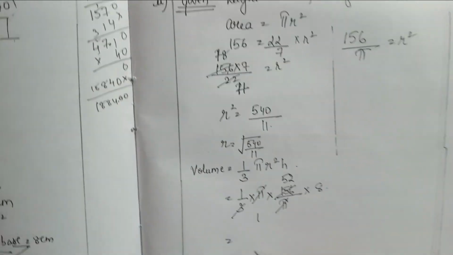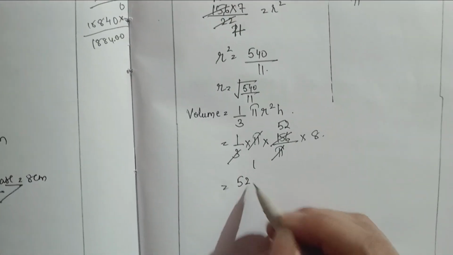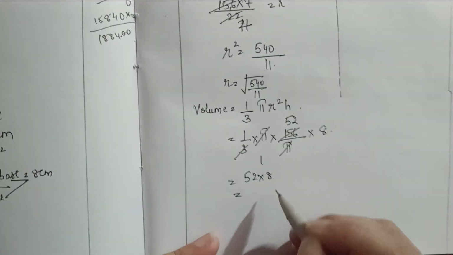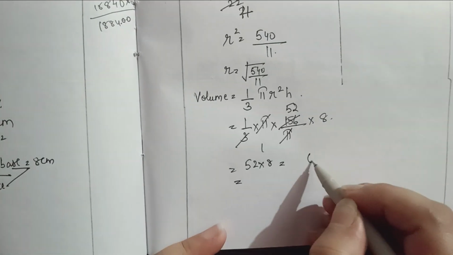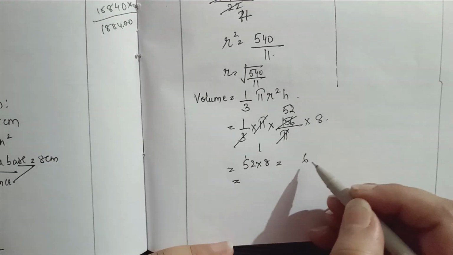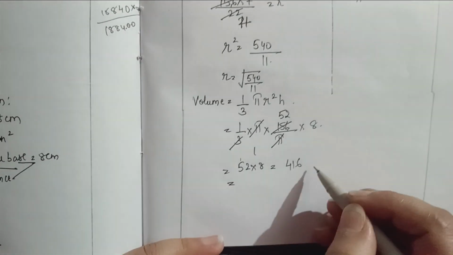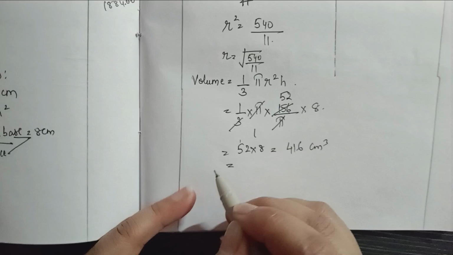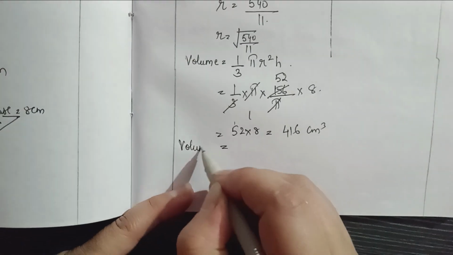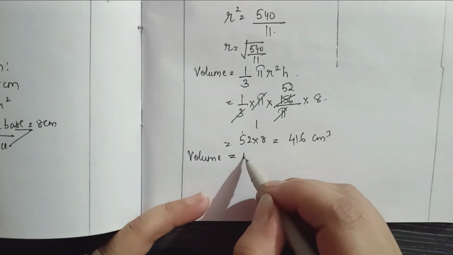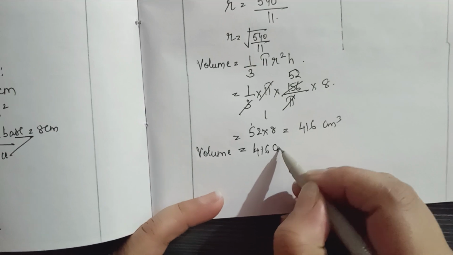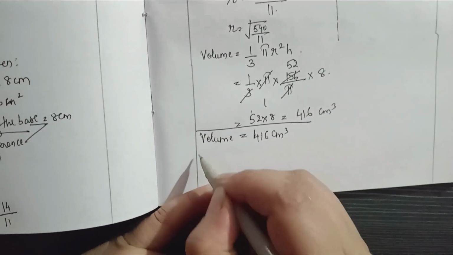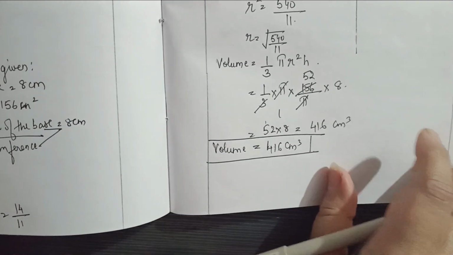So volume calculation is easy. 52 into 8 will give you 416 centimeter cube. So the volume is 416 centimeter cube. Okay, with this we end.